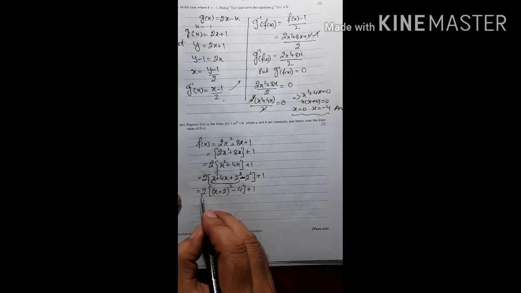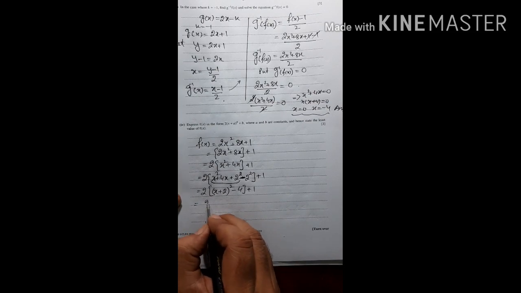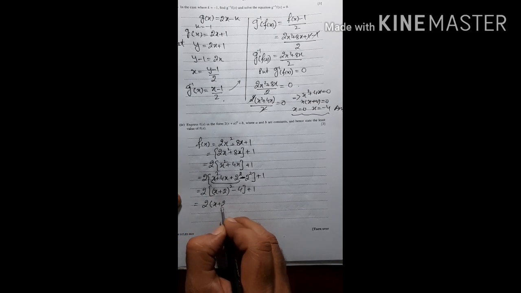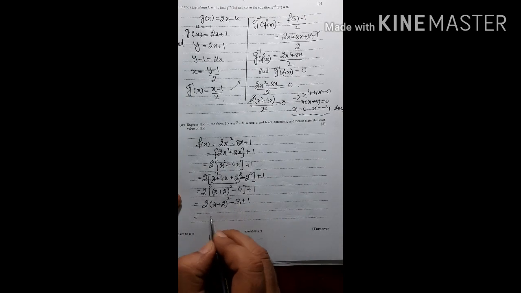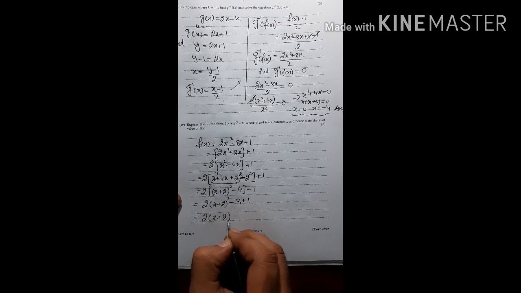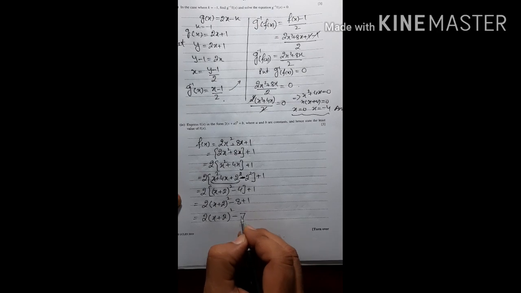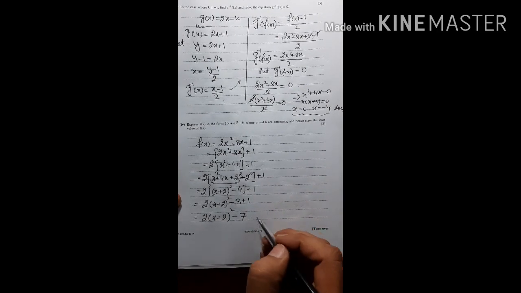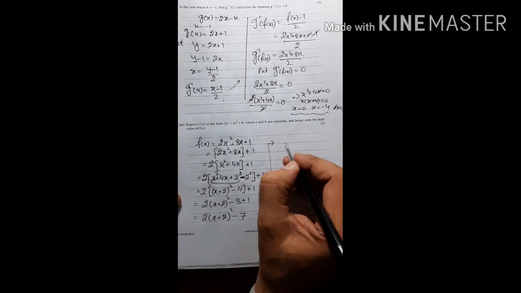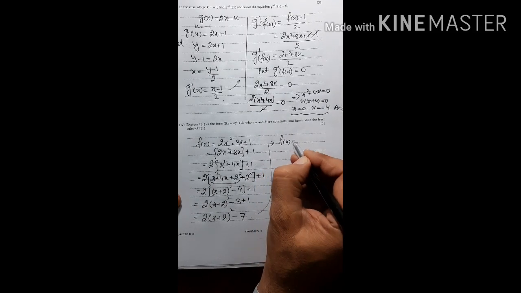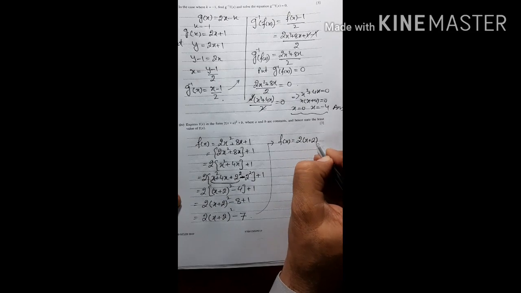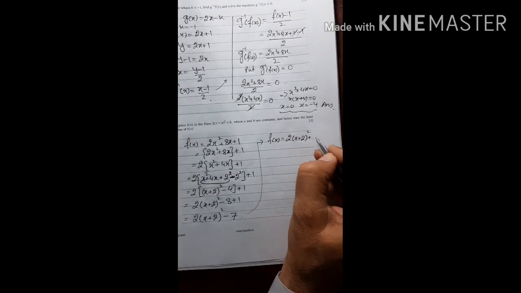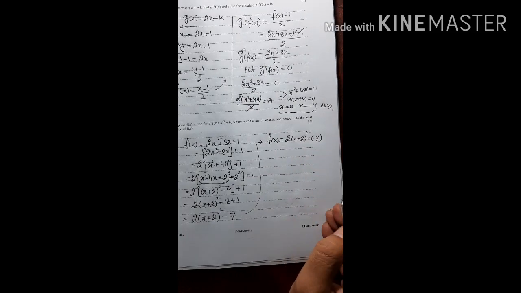So multiply by 2 inside. So this will become 2 into x plus 2 whole square minus 8 plus 1, and 2 into x plus 2 whole square minus 7, or I can write it as f(x) is equal to 2 into x plus 2 whole square minus 7.